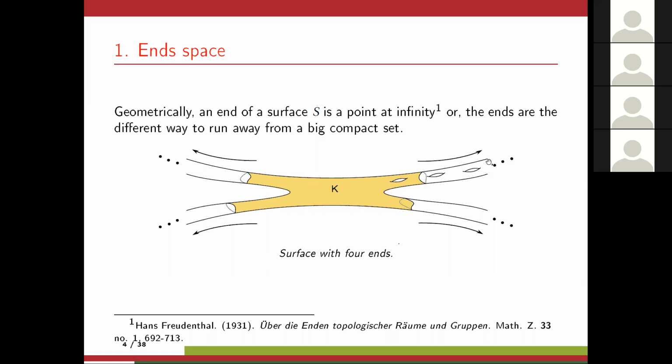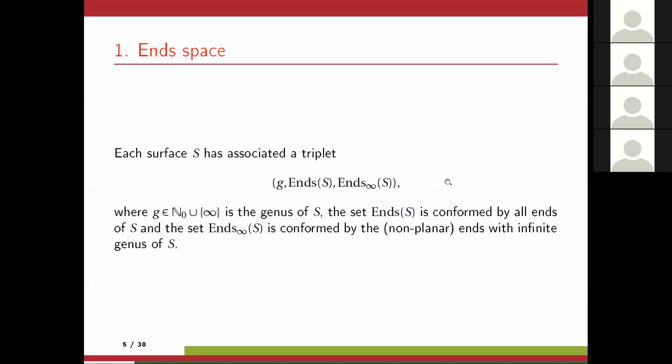So under this idea, a surface has an associated triplet. This triplet is determined by the genus of the surface, the set formed by the ends of the surface, and the ends having infinite genus. These ends having infinite genus are also called non-planar ends.